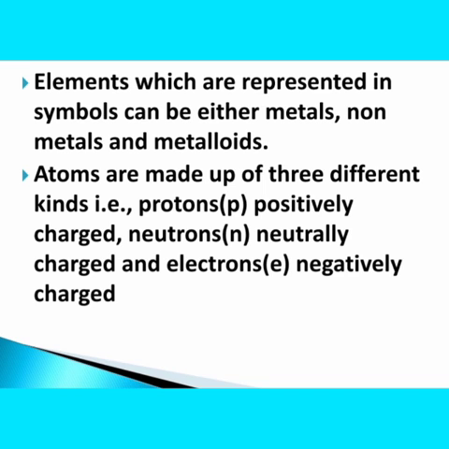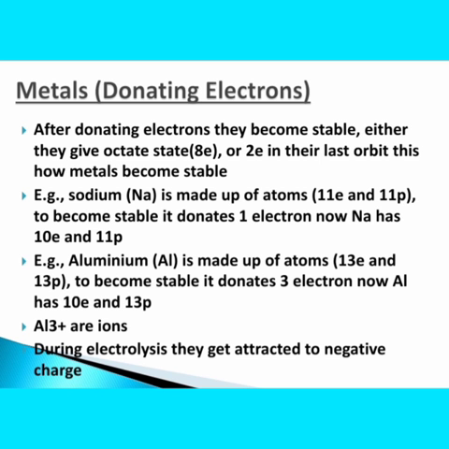In brief, an atom is made up of three kinds of particles: protons, which are positively charged, neutrons, which are neutrally charged, and electrons, which are negatively charged. You know this concept.